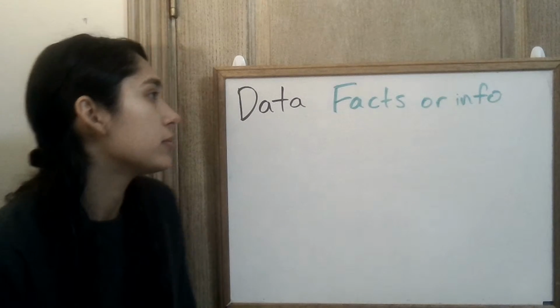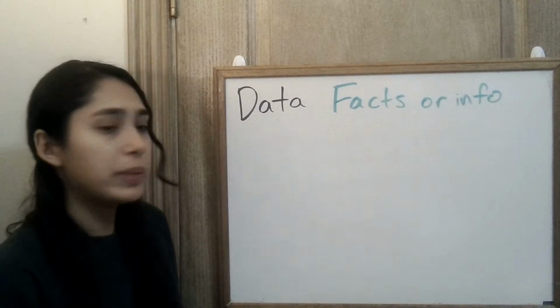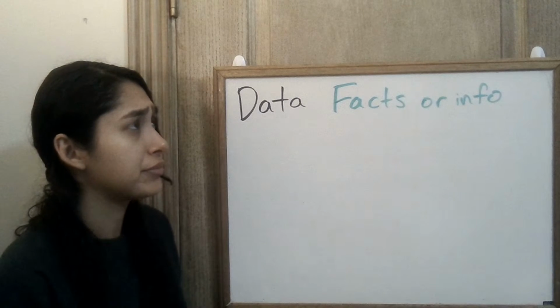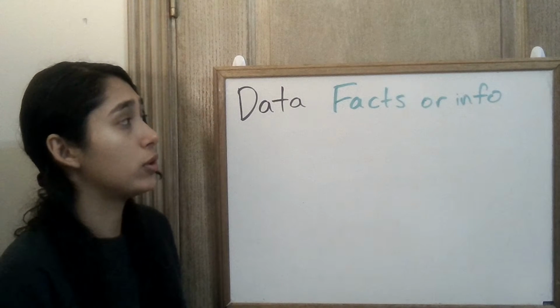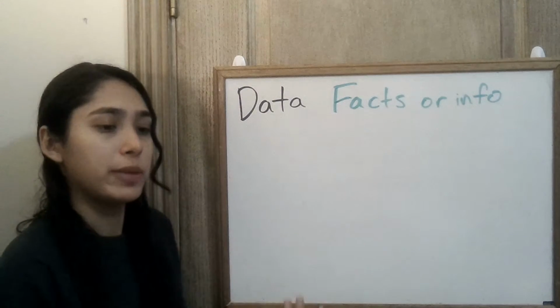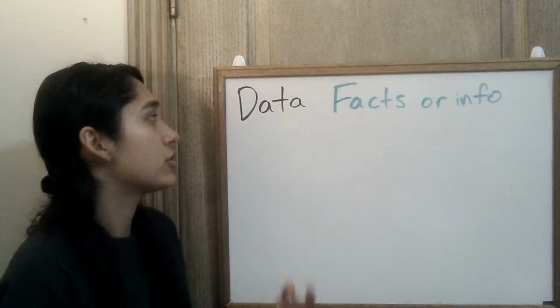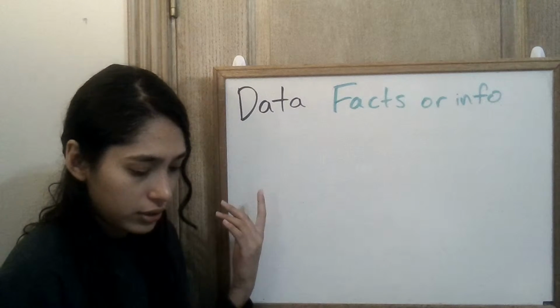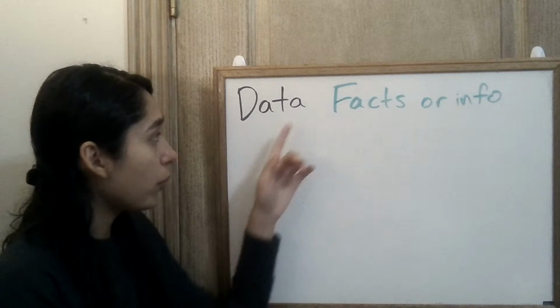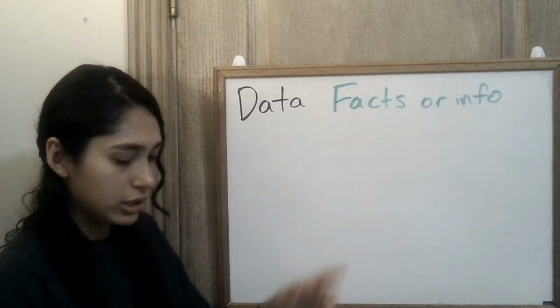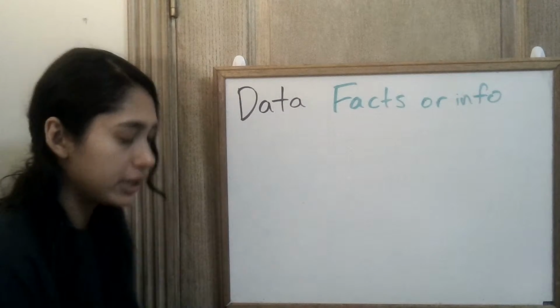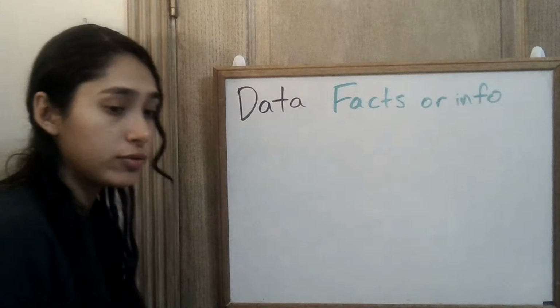So let's say I ate 3 pizzas over a whole month. That would be the information. It's a fact. It's information that's being documented. By using these facts and information, then we can actually make predictions. That is the powerful part of data.